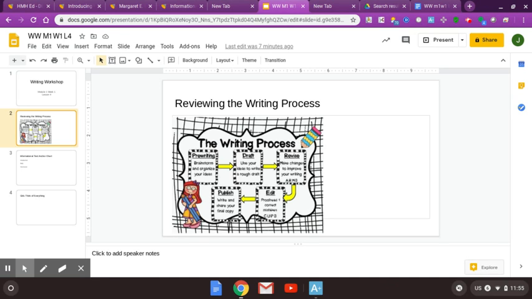Well, during the pre-writing stage, this is where you're brainstorming and thinking about your topic and how you can organize your ideas. All of that is considered pre-writing. Then we move on to the second phase, which is the draft phase. Now, during a draft phase, this is when you use your ideas to write down a rough draft of your story.